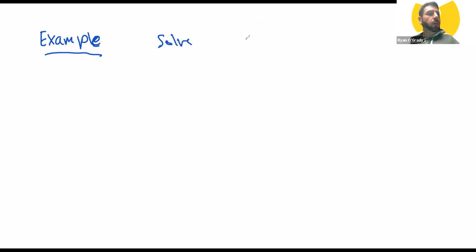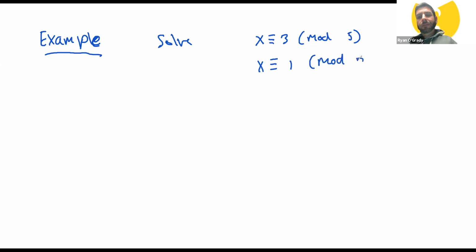So let's solve the following system. X congruent to 3 mod 5. X congruent to 1 mod 7. And by the way, Michelle, I sent you a link to a video. I don't know if you watched it, but this is the problem I believe she does.